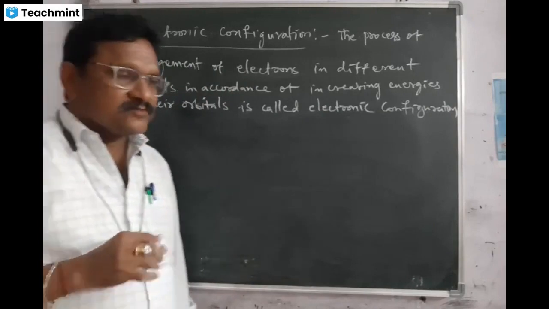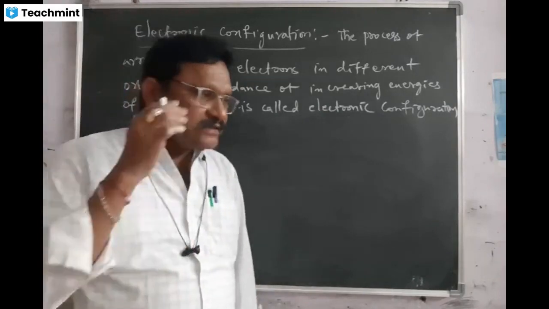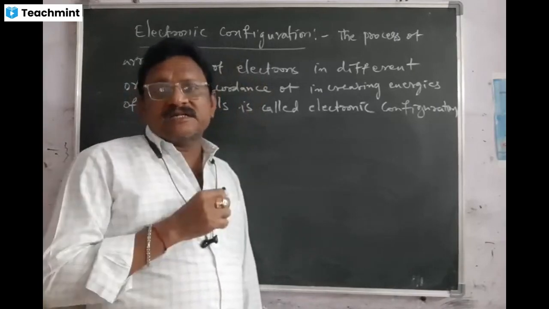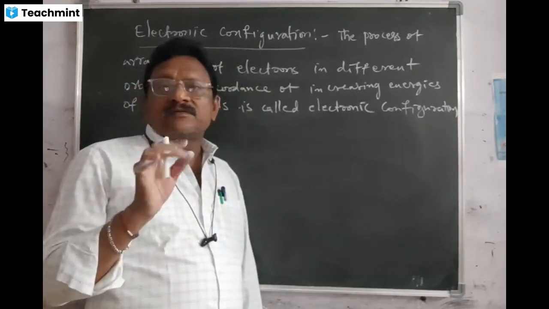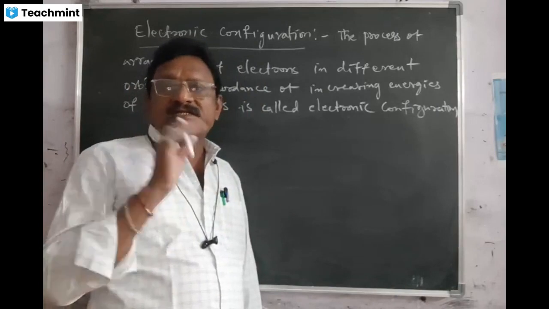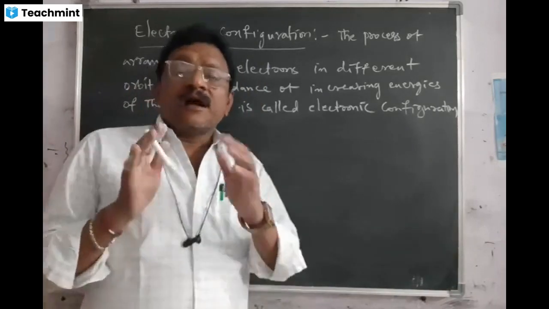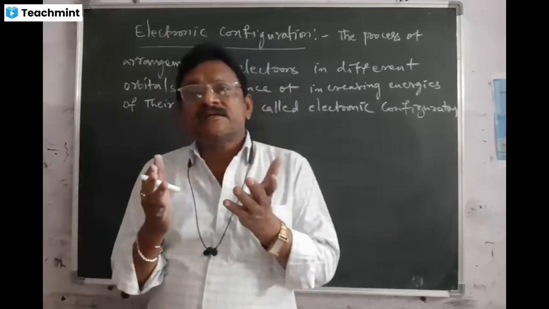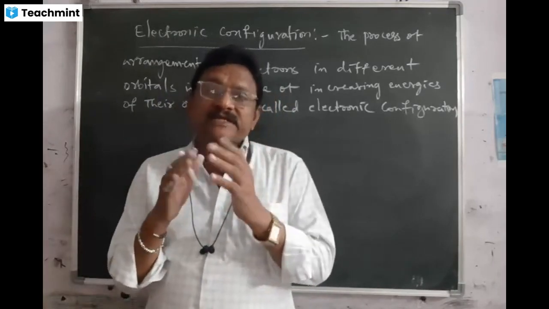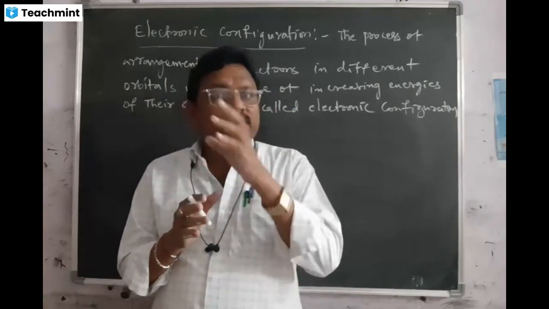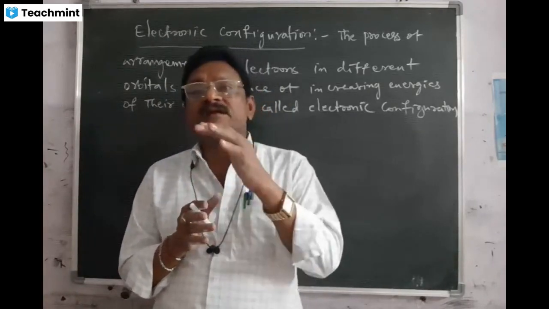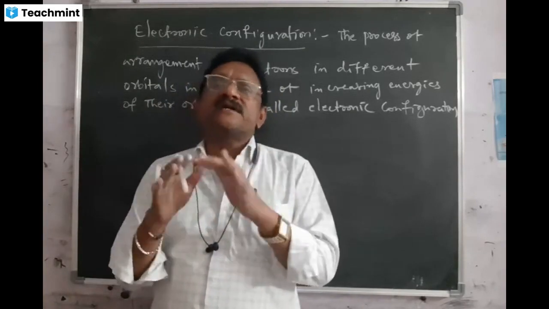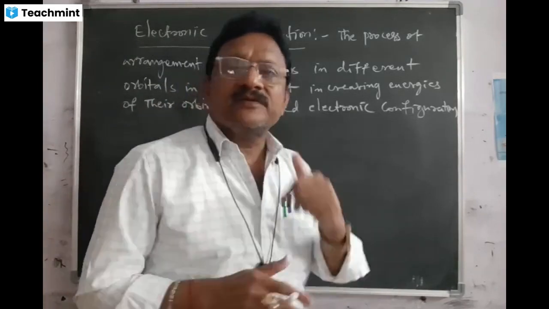So here one thing: at this level, it is somewhat difficult to understand electronic configuration, even though I can explain easily. Listen, how can you know a particular orbital is a lower energy orbital and another is a higher energy orbital? Based on the Aufbau diagram, you can understand which orbital is lower and which is higher. So now I give you the diagram.